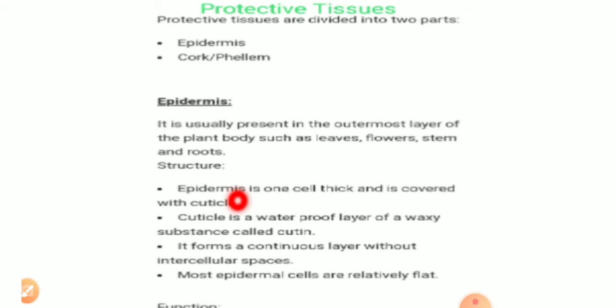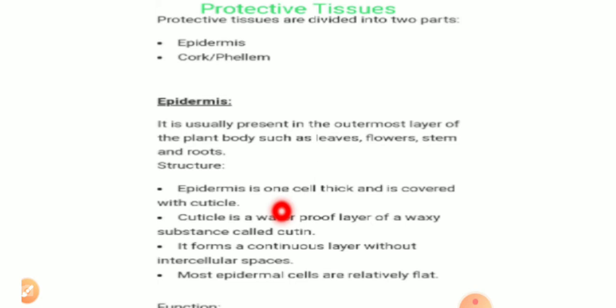It is present over the surface of the epidermis, and this cuticle has the cutin substance, as I already told you, which is very important from the protection point of view. This cuticle is a waterproof layer of a waxy substance called cutin. So what is the function of this cutin or the cuticle?